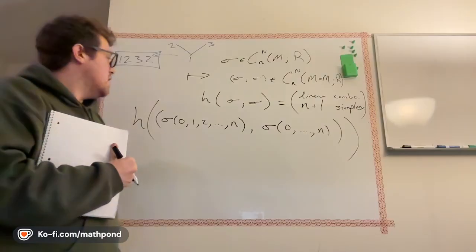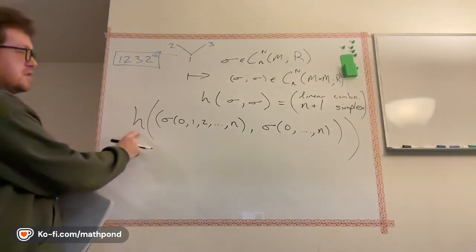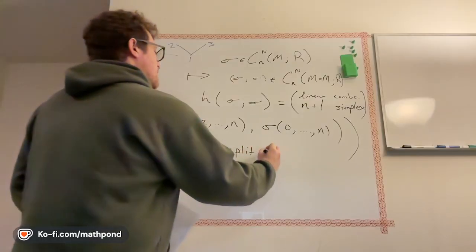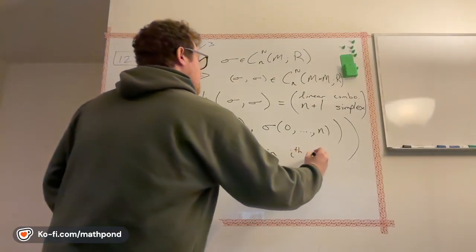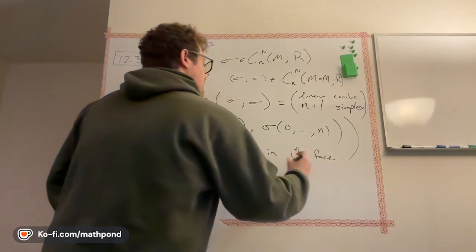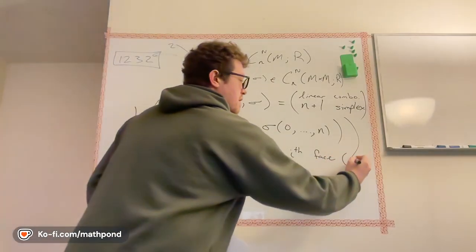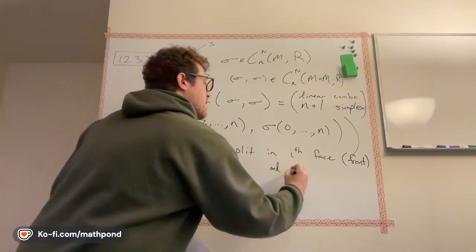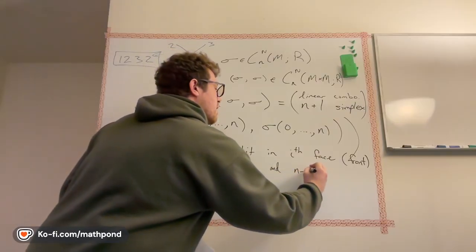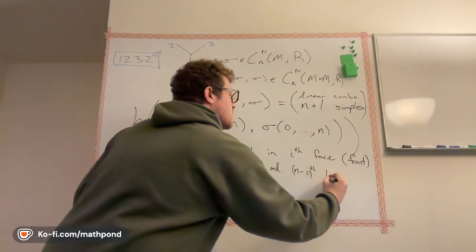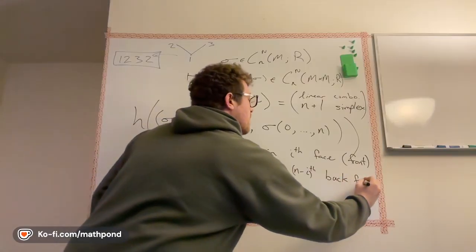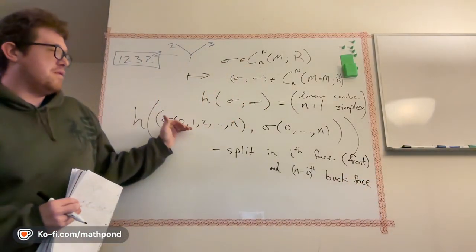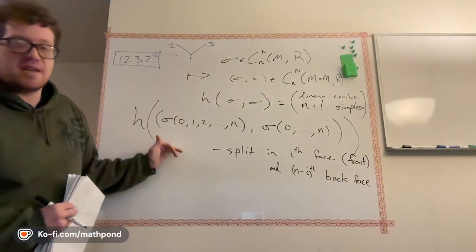So essentially, the process to apply the homotopy is you split into the ith front face and the n minus ith back face of the simplex. And then, like I said, for the ith face, you do nothing to it. You apply the identity map.